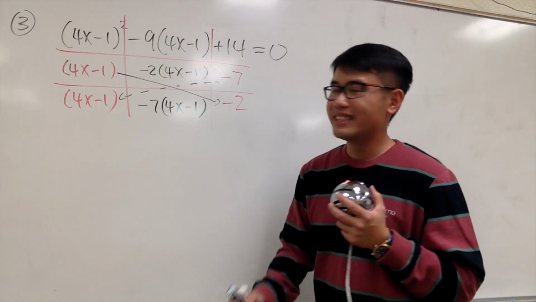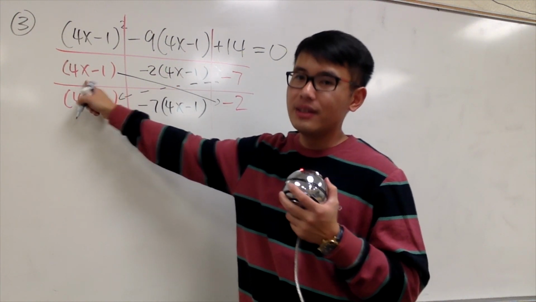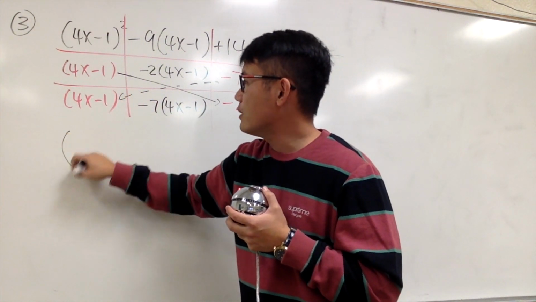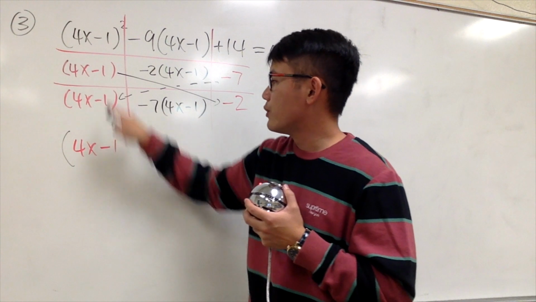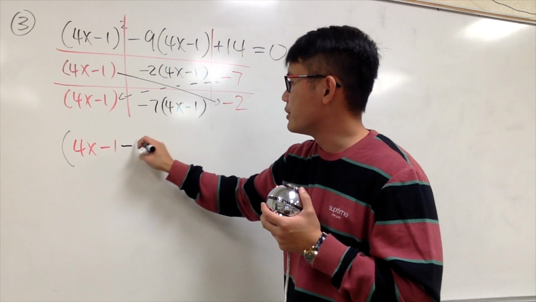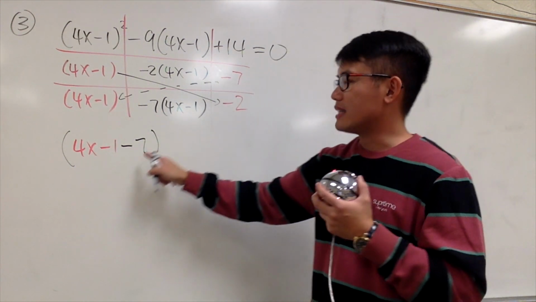Be careful with this. Right here, once again, we look at this across for the factoring. So we put this down, which the first part is 4x minus 1, and then for this right here, it's minus 7. Then just put this down in black: 4x minus 1, and then this is minus 7.